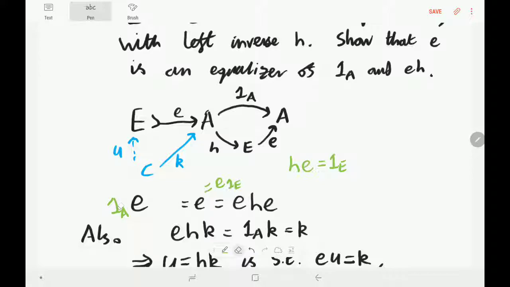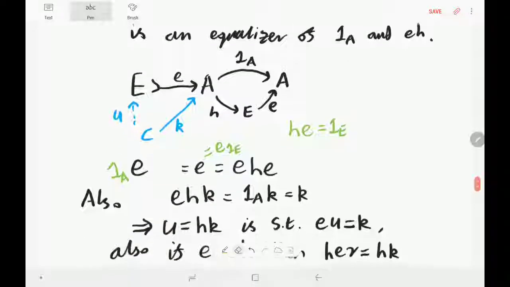So that shows that e equalizes 1_A and eh.